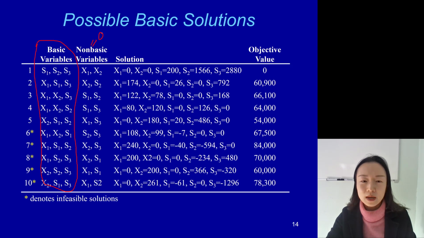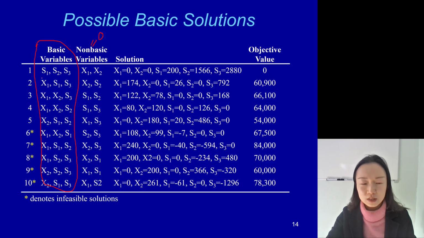You can see x1, x2 here, so these are 0. So we select n minus m variables to be the non-basic variables and set them to 0. Then we solve the rest, which is m, the number of equations you have, basic variables.